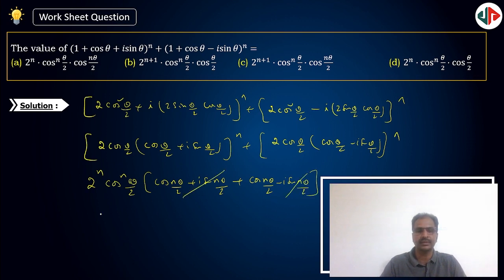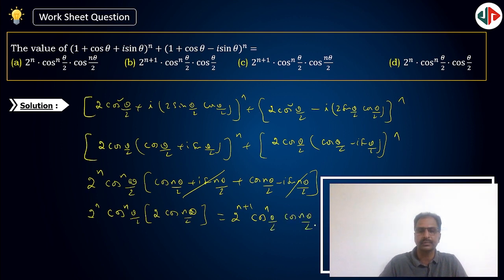These two get cancelled. So 2 power n cos power n theta by 2 into (cos n theta by 2 + cos n theta by 2), 2 cos n theta by 2. 2 power n into 2, 2 power n plus 1, cos power n theta by 2 into cos n theta by 2. Option C.